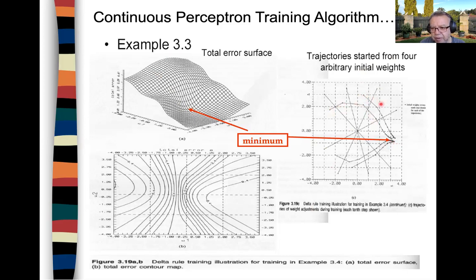If we start here, same thing, we converge here, and so on. And there is actually a proof showing that we converge to the global minimum after a finite number of iterations.